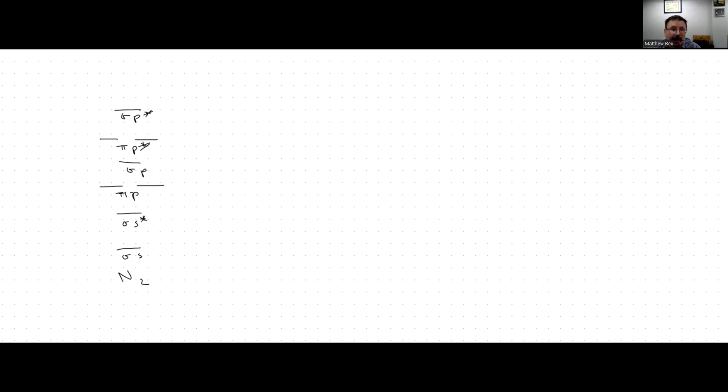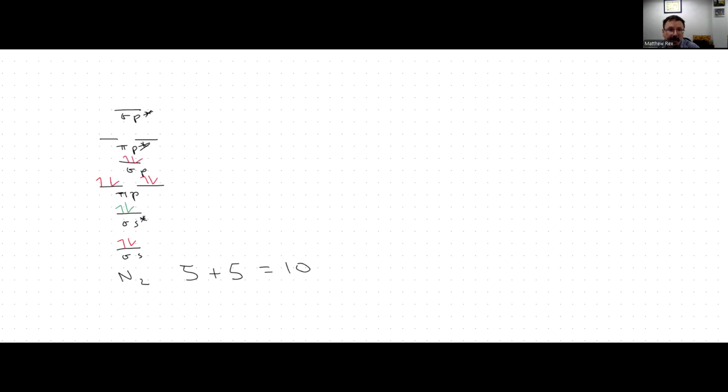With N2, I've got 5 valence electrons for each nitrogen for a total of 10. So as we start to fill this, we're going to have 1, 2, 3, 4, 5, 6, 7, 8, 9, 10 electrons.